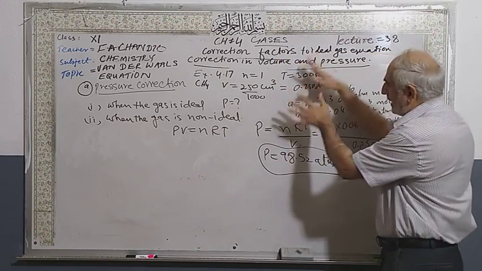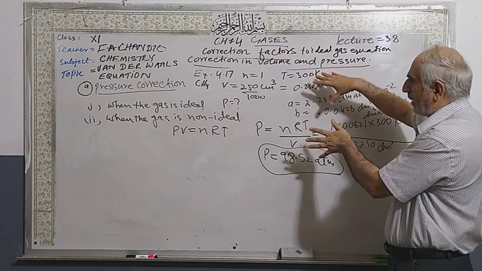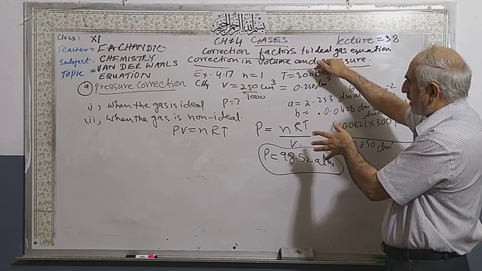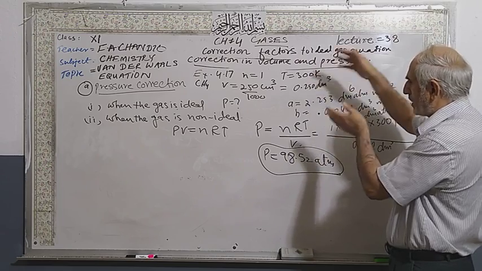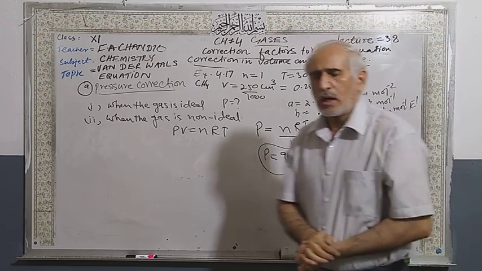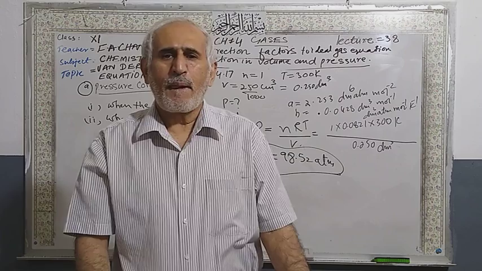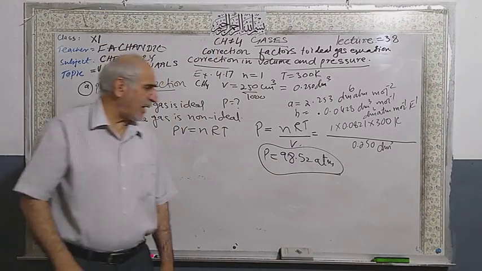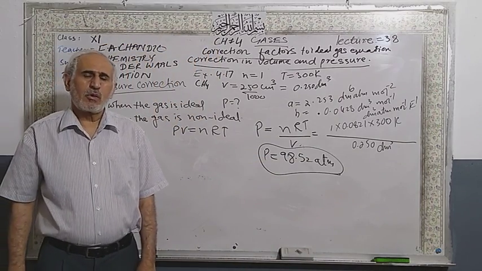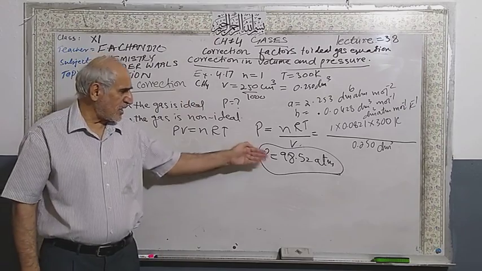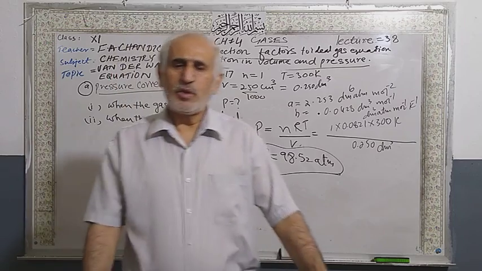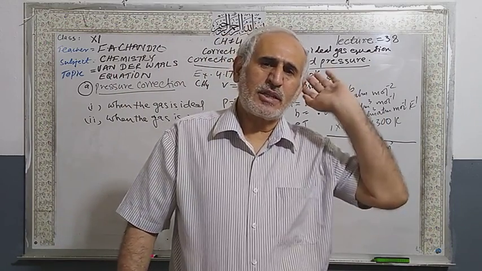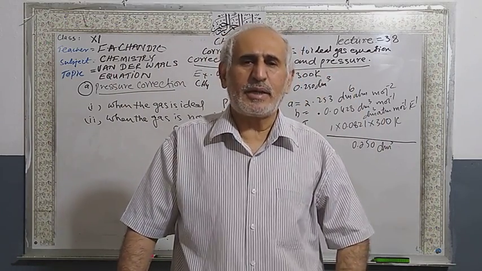But if you apply these conditions according to the examiner: temperature this, pressure we have to calculate, volume this, number of moles this, A and B values are given. So the pressure is very high, 98.52. The pressure is a high pressure. Dear students, it means that according to this condition, methane is non-ideal.